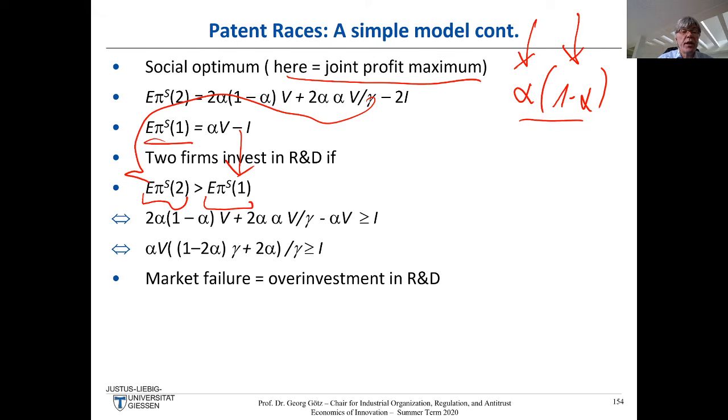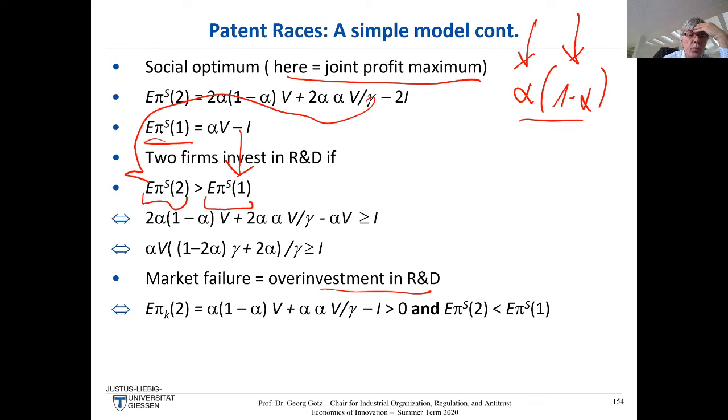And now, is there a market failure? Is there overinvestment in R&D? If you leave the decision to your 2 profit centers, to Cologne and to Detroit, whether they want to set up their own R&D laboratory. Well, under what circumstance will they set up an R&D laboratory?